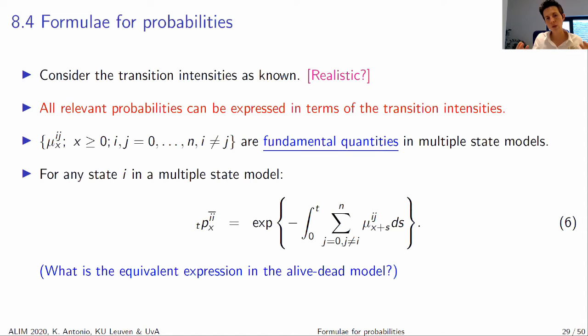But here, of course, if you look at somebody who is in state i, then he can go to any state j which is different from i, and there are typically multiple states that we have to take into account. That's why we look at the sum of all the applicable mu ij's, where i is different from j, and where the intensity is different from 0.